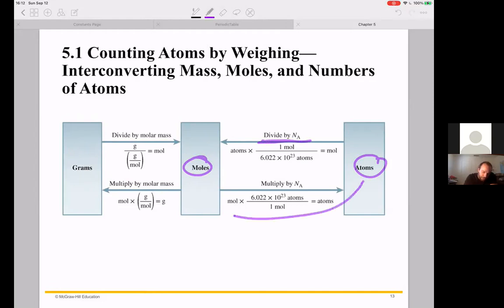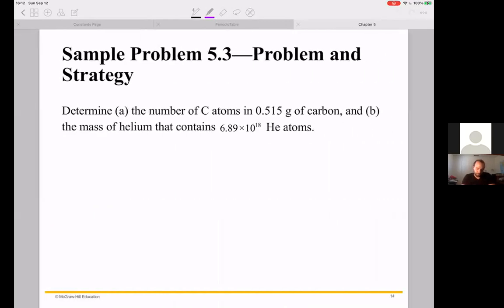And if I wanted to go the other way, I would multiply by Avogadro's number. Notice this also means that we can go from, say, grams to atoms by first converting to moles and then multiplying by Avogadro's number to get to number of atoms.